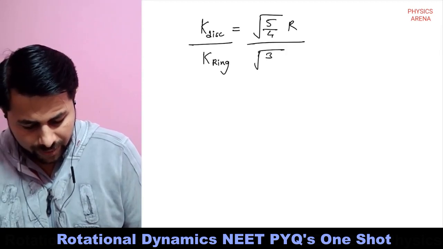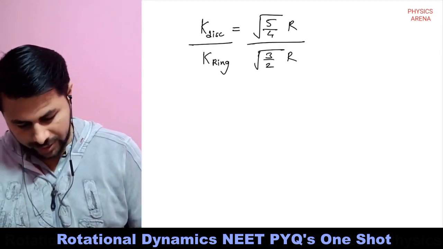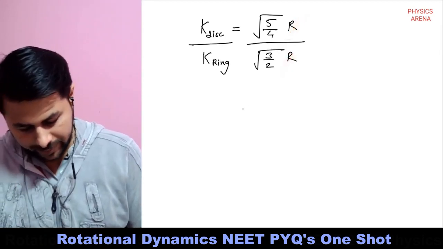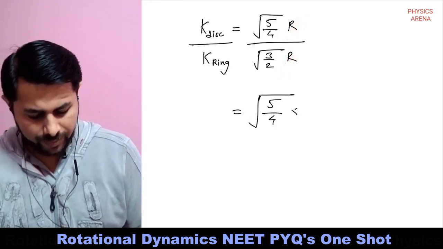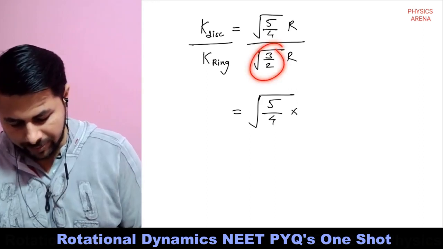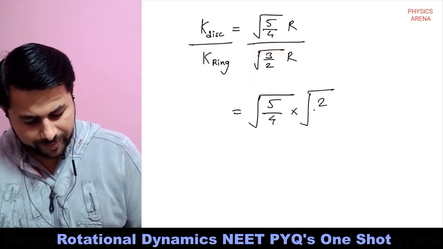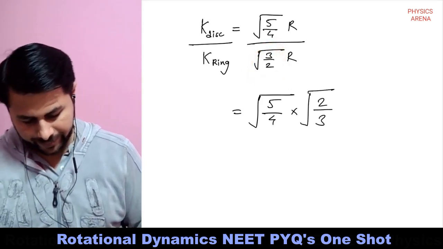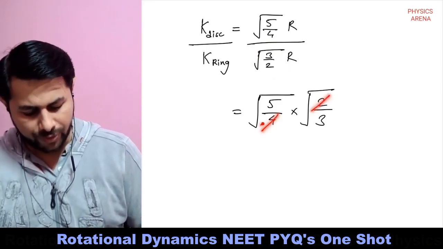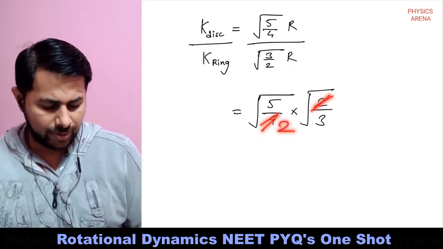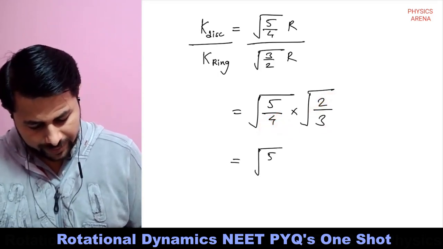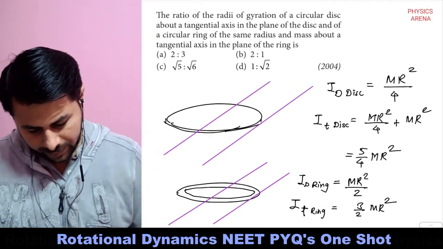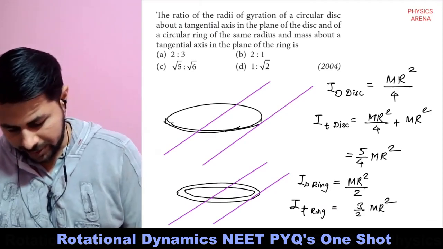So this is square root of 3 by 2 r. So this r and r get cancelled. So it is 5 by 4, and dividing by this is equal to multiplying by its reciprocal. So it is 2 by 3. 4 divided by 2 is 2. 2 times 3 is 6. So it should be square root of 5 by 6. So option C is the answer.